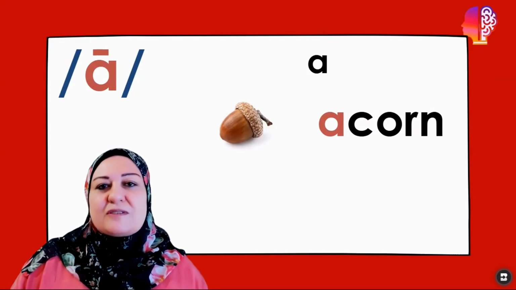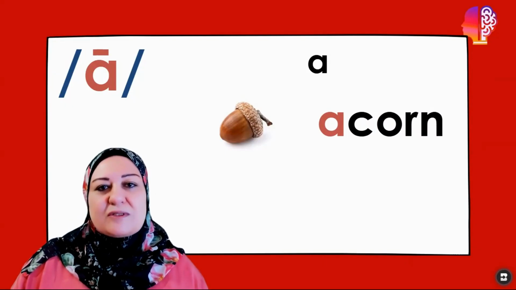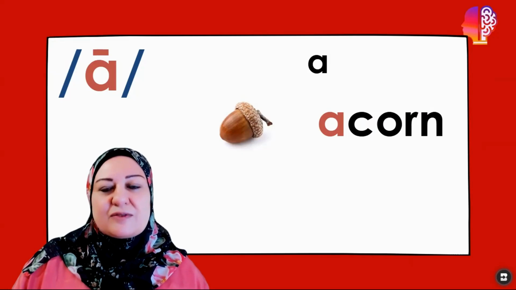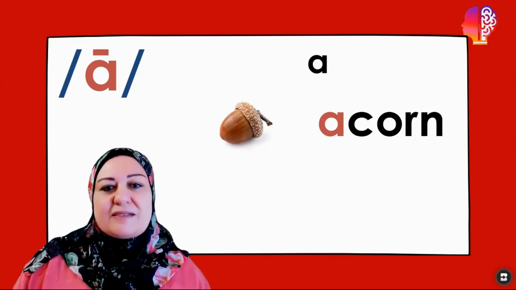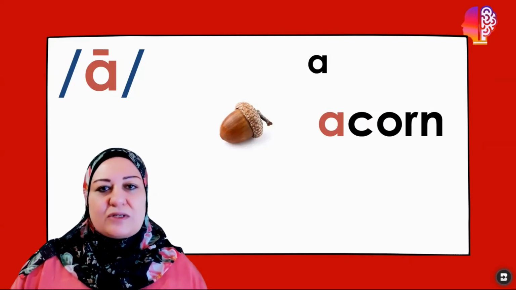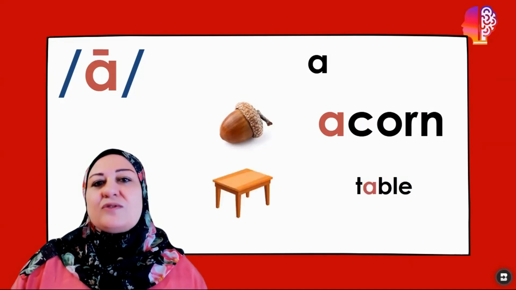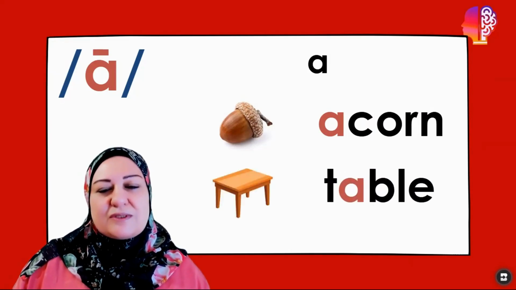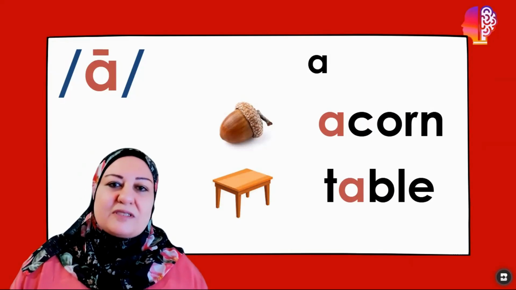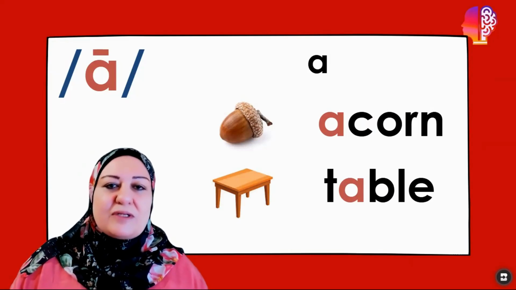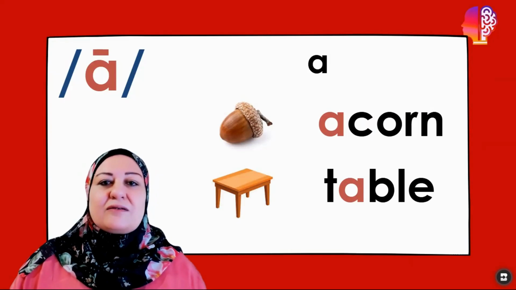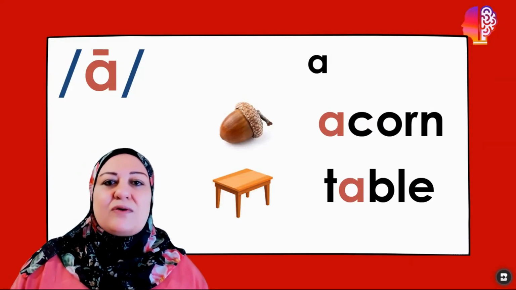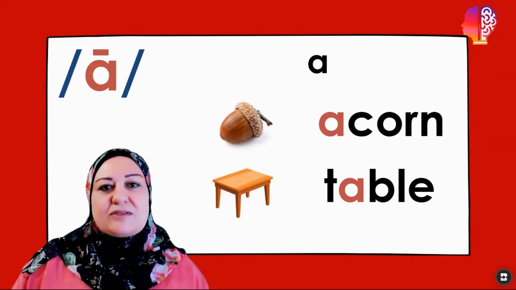The first syllable is the letter A by itself, and that has a long A sound. Acorn. Also in the word table. Table is another 2-syllable word. The first syllable is TA. The syllable ends in A, so it has a long A sound. So table.